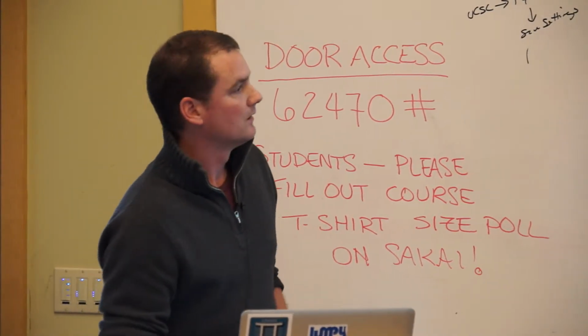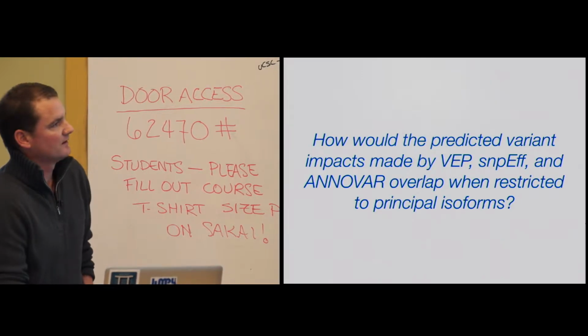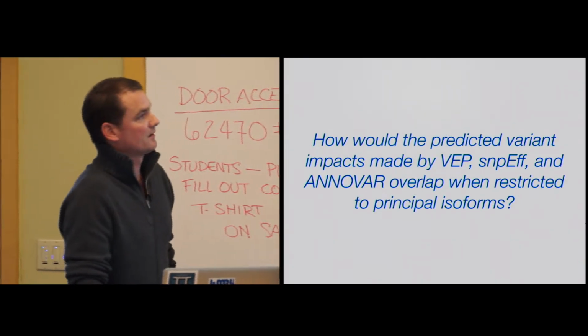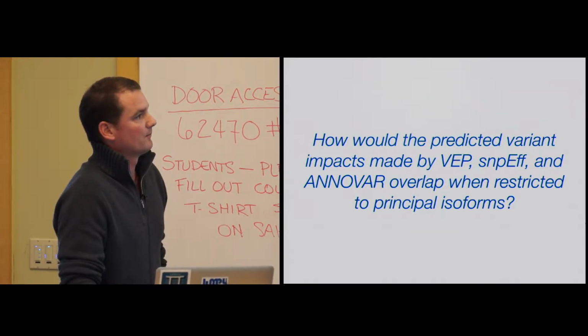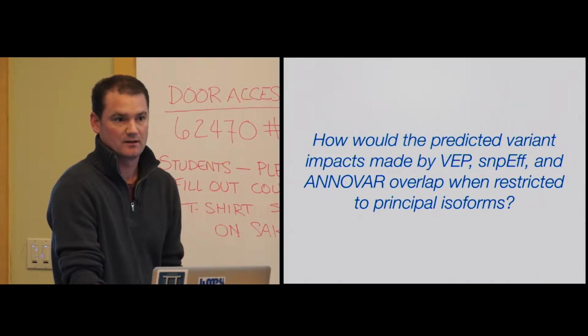Okay. So if you restrict, what do you think the union would be, or the intersection of these variant impacts predicted by these three tools if we did restrict it to principal isoforms?